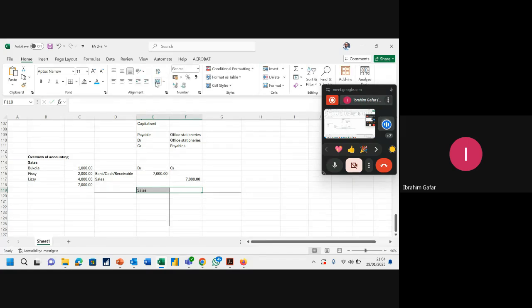This is the sales account. Since this is an income account, I'll credit sales. I'll say bank or cash, whichever one it is, and I'll put the 7,000 naira. Now, the same thing is applicable to my bank.